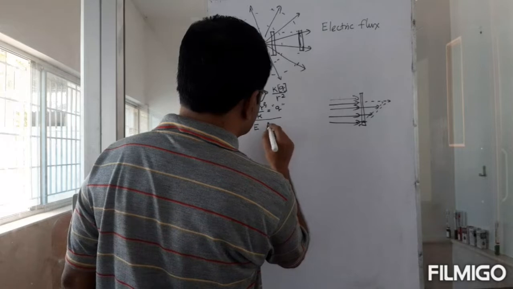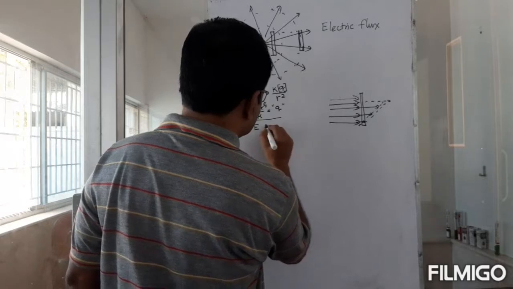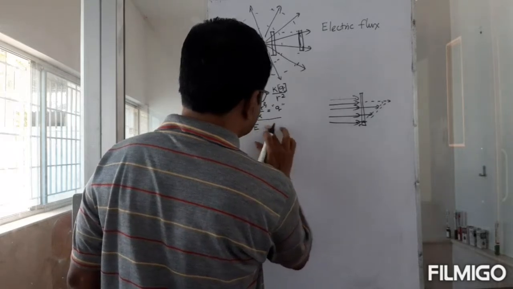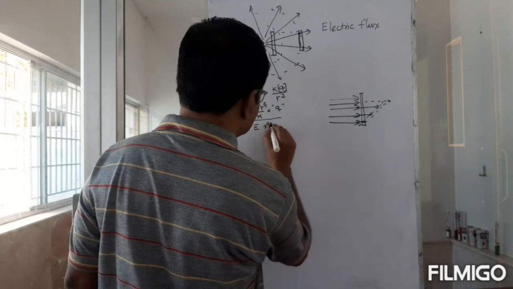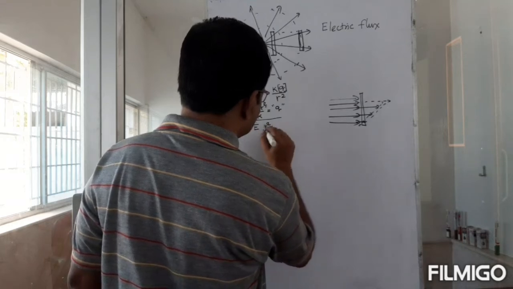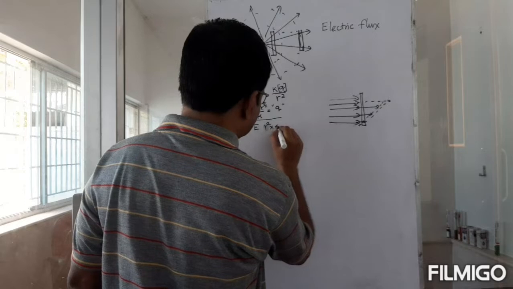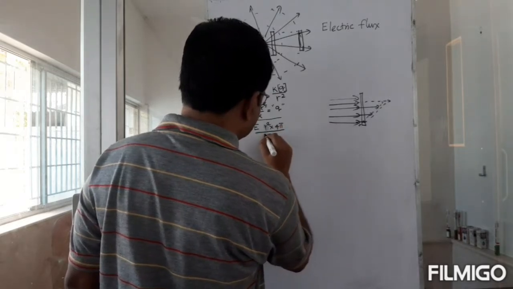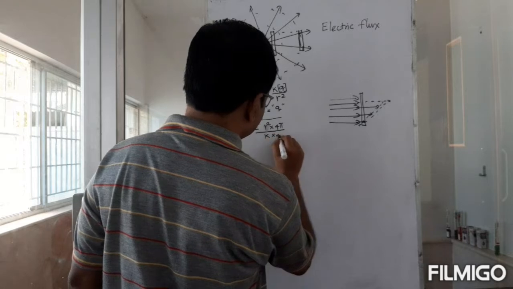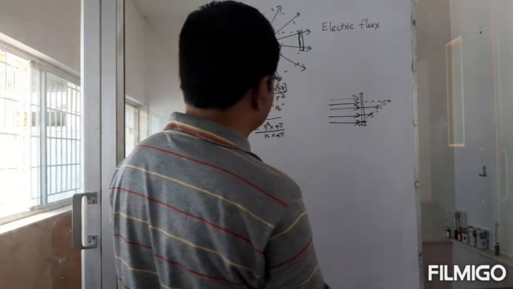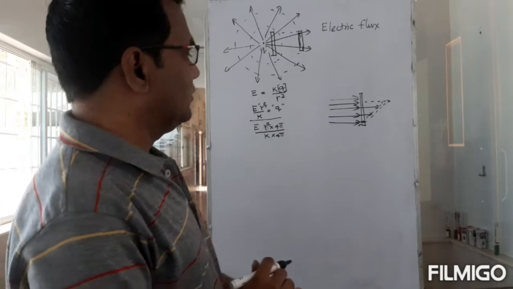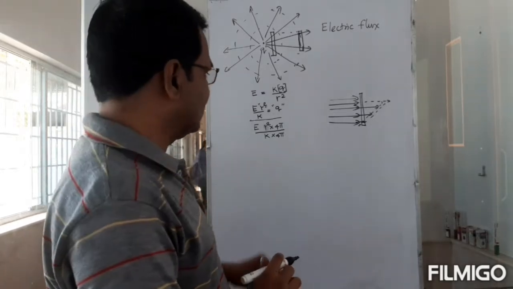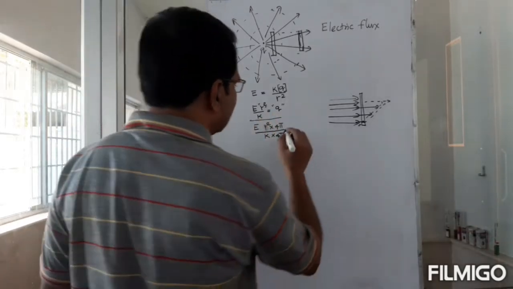E and then 4, E R squared is there, into, I'm going to multiply it by 4 pi and divide this by 4 pi. Okay, so the value will not change, right? So that's going to be Q.